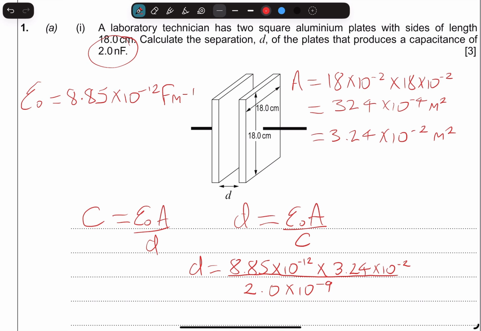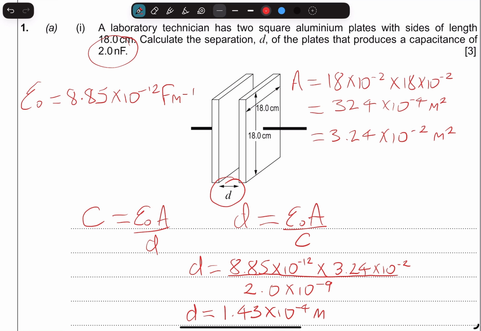And that's going to give us a final answer of D equals 1.43 times 10 to the minus 4 meters. Okay, and that's the distance between the plates, D. All right, so that bit is done, and on to the next bit.